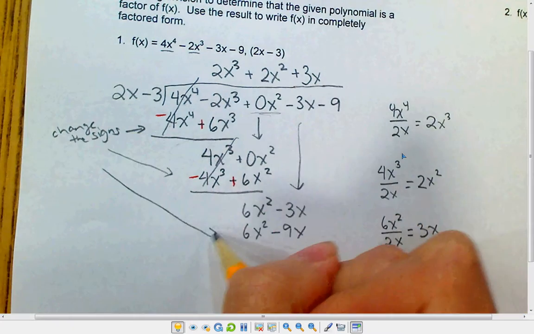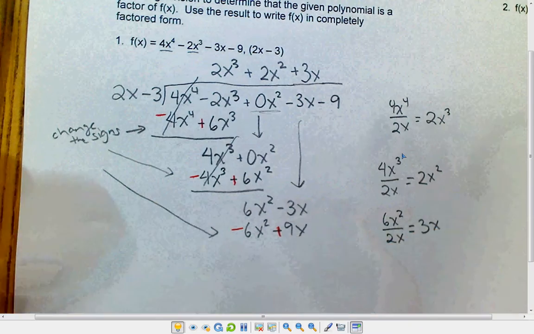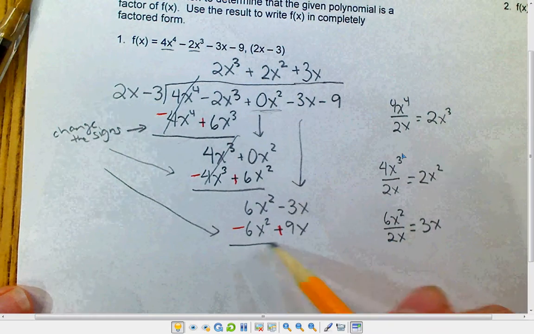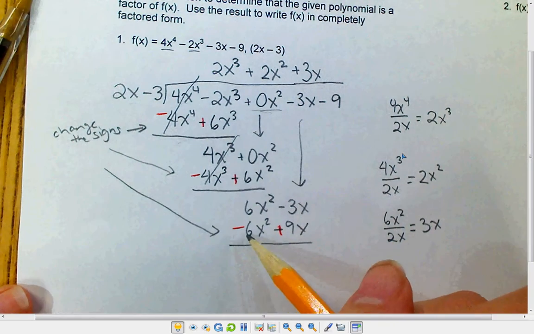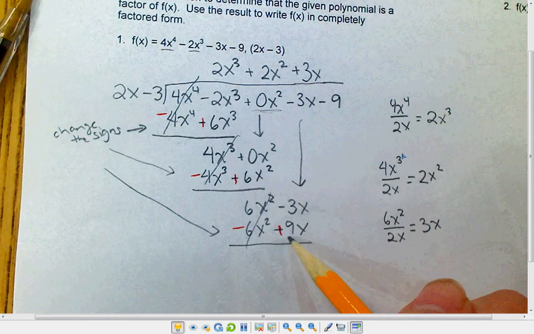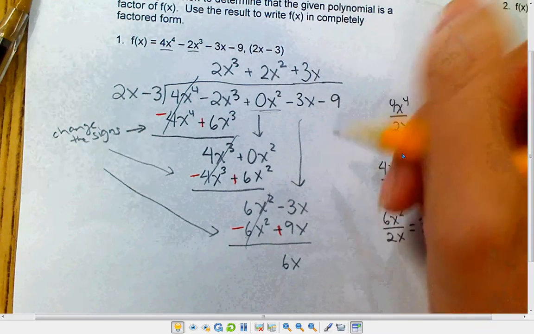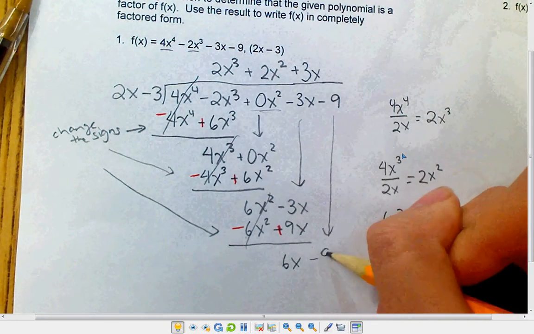Again, we're going to change the signs, so this becomes a negative, this becomes a positive, and we add it together. 6x squared minus 6x squared again cancels out. The negative 3x plus 9x gives you 6x. We'll bring down our last term.